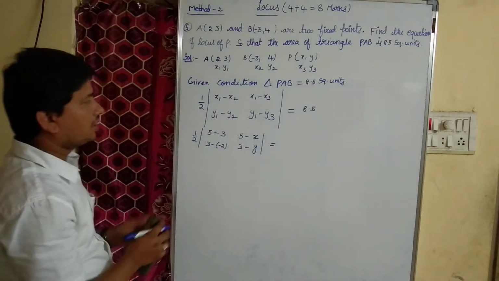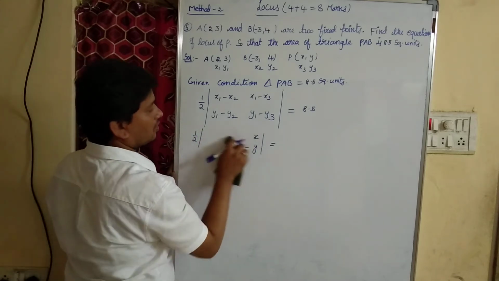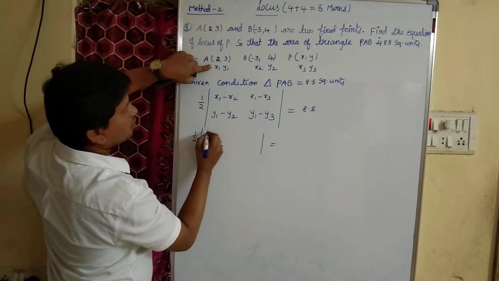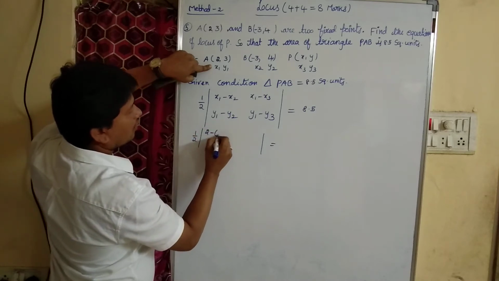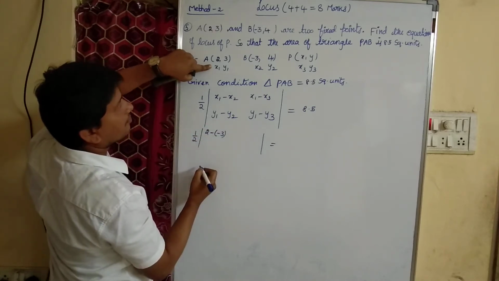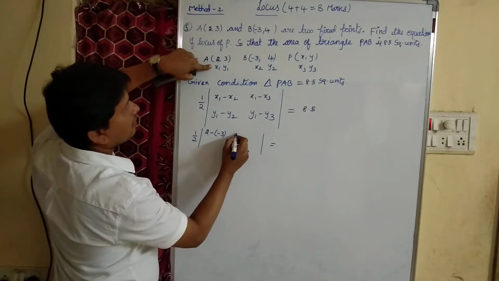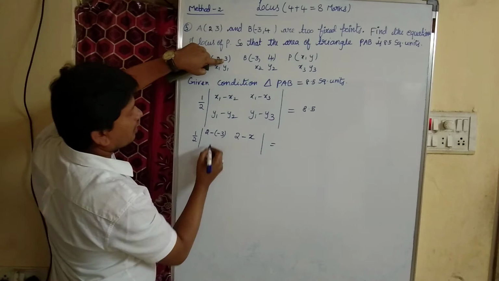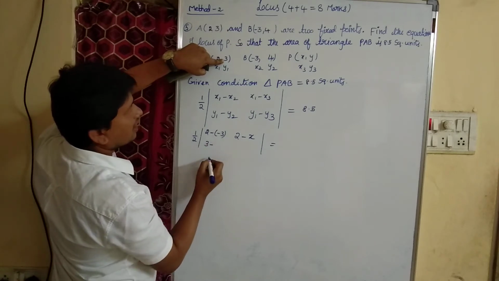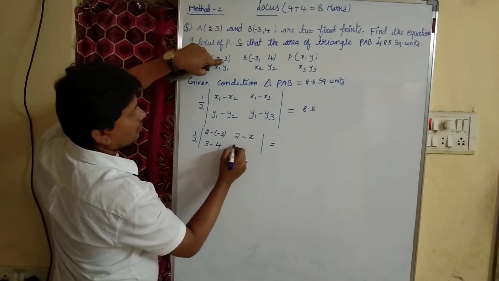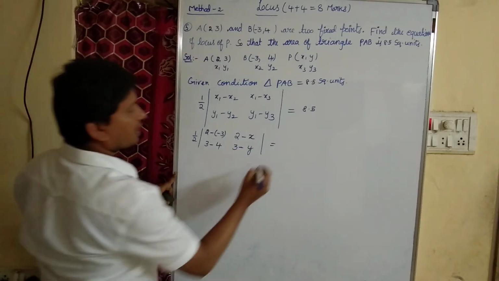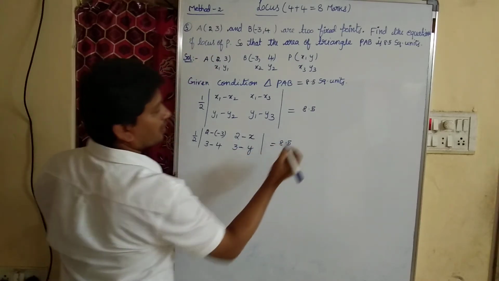Half into, as x1 value is 2 minus of x2 value minus 3, and x1 value is 2 minus x3 value x, y1 value is 3 minus y2 value 4, y1 value is 3 minus y3 value y, that is given 8.5.